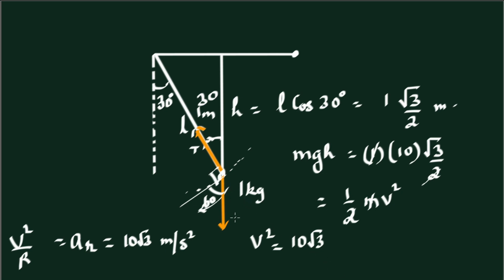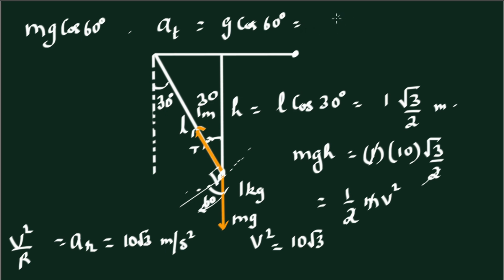So mg, which is the force of gravity, has a tangential component of mg cos 60 degrees, and therefore the tangential acceleration divided by the mass is g cos 60 degrees. Cos 60 degrees is half, so this is 5 meters per second squared.